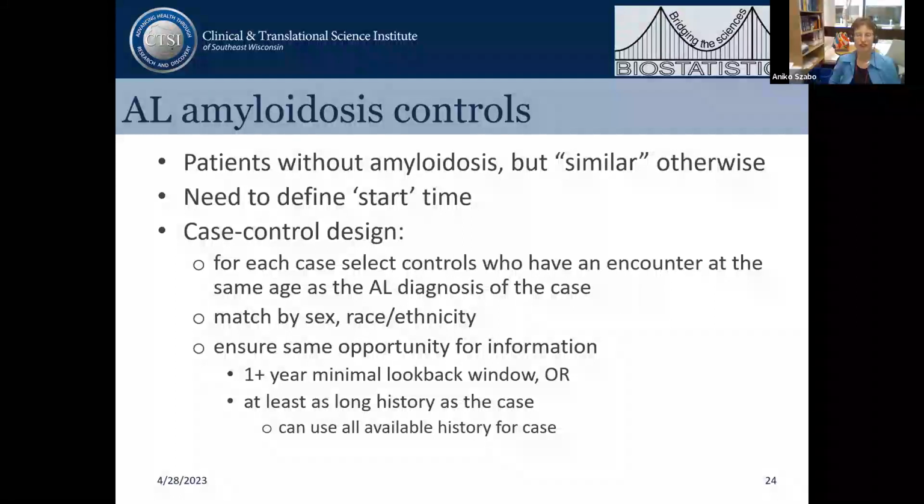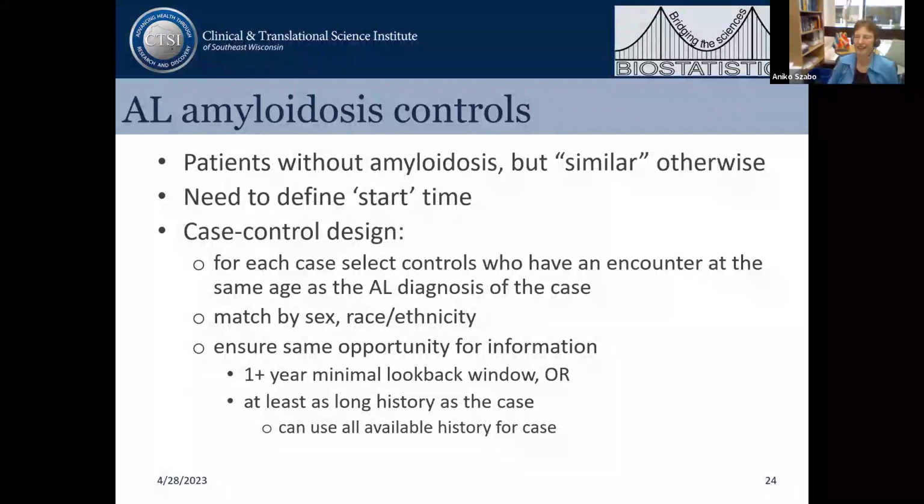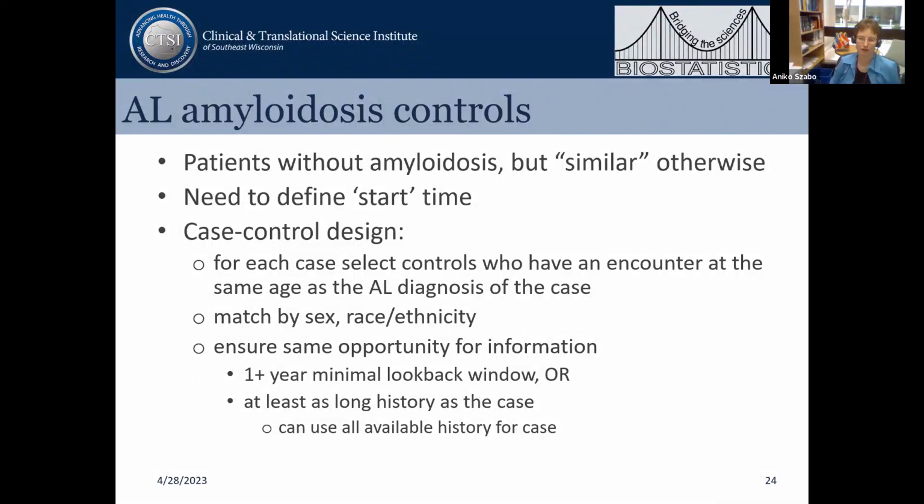So if the AL case is diagnosed at age 40, or probably actually age 60 because it's usually older people, you find a person who has an encounter at age 60, and that's what you will use as their diagnosis date or non-diagnosis date. You could also think about what you want to match by, maybe sex, race, ethnicity. These all can affect the variables we are looking at.